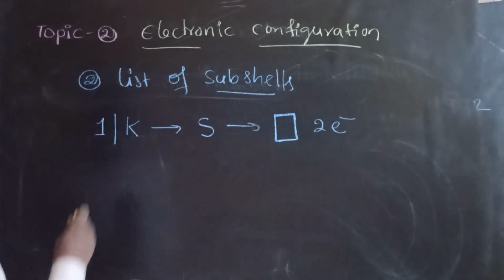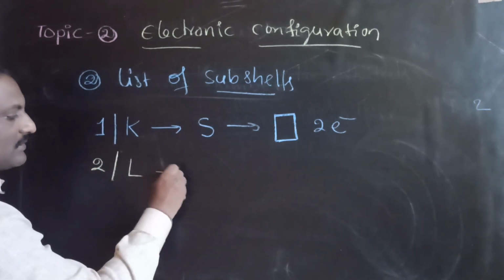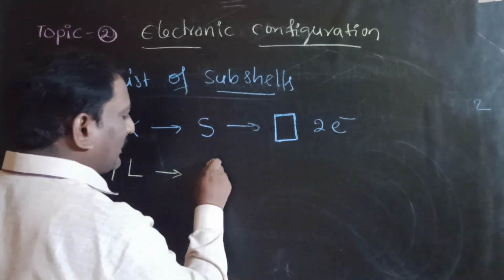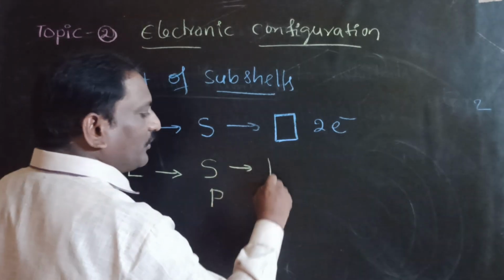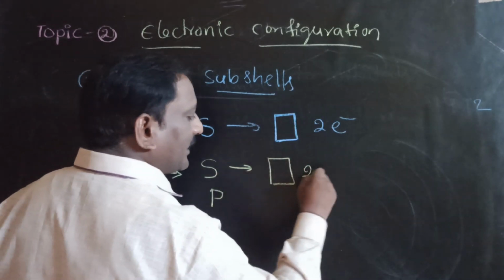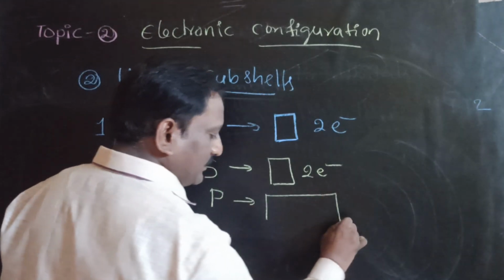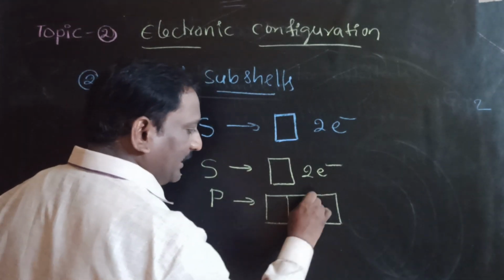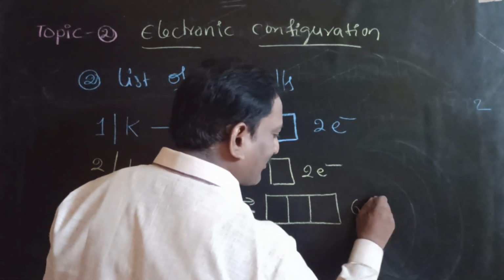Right? Second shell is represented with capital L. It has two subshells, that is S and P. The S subshell has only one S orbital with filling capacity 2 electrons. The P subshell is divided into 3 orbitals, that is 3 p orbitals, capacity 6 electrons.